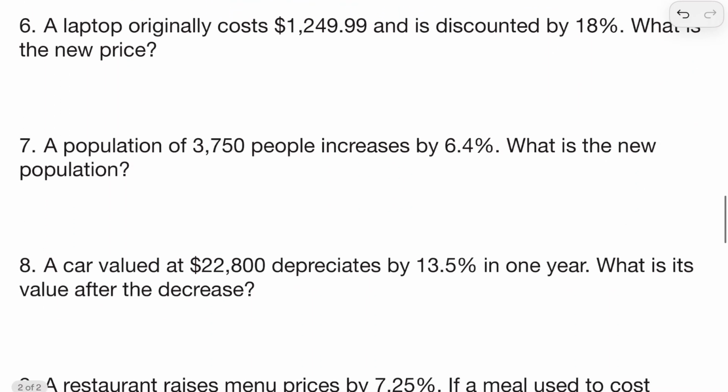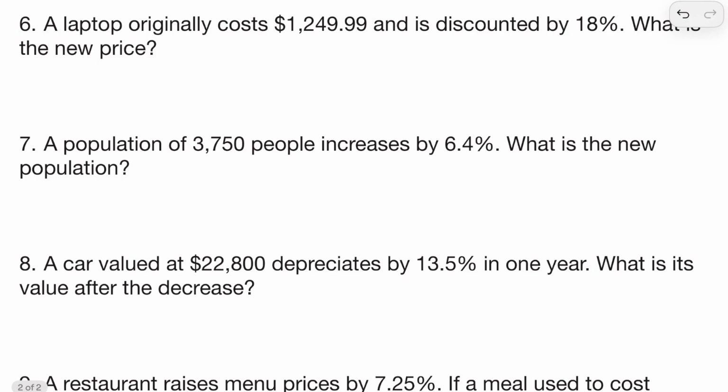All right, getting into the more calculator-necessary ones. It says a laptop originally costs $1,249.99 and it's discounted, which means it goes down by 18%. What is the new price? This is where knowing how to switch between percentages and decimals really is helpful. I'm going to suggest that we write this instead as 0.18. 18% is the same thing as 0.18 in decimal form. Now, this is being discounted.